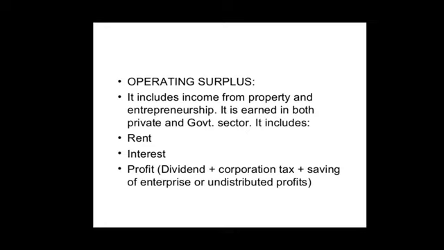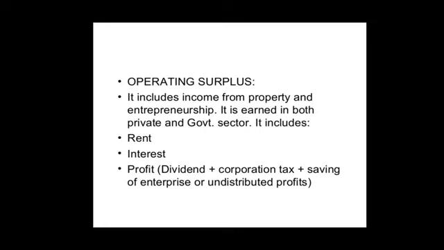Profit is the residual income which an entrepreneur earns after paying all the other factors of production, that is, after paying the wages, rent, and interest. Students, profit includes dividend, which refers to that part of profit which is paid to the shareholders in the ratio of their shareholding.